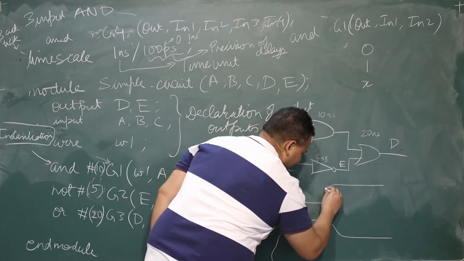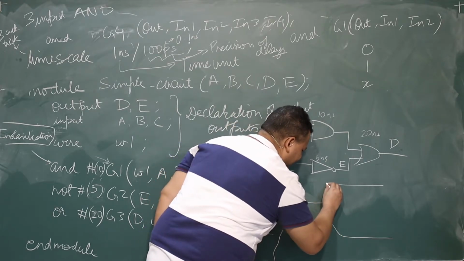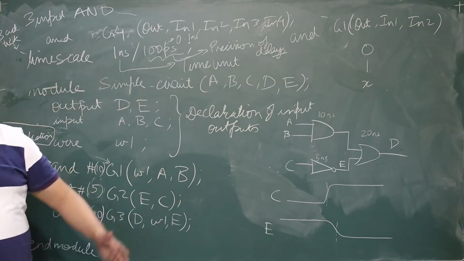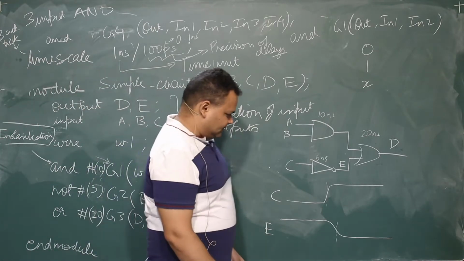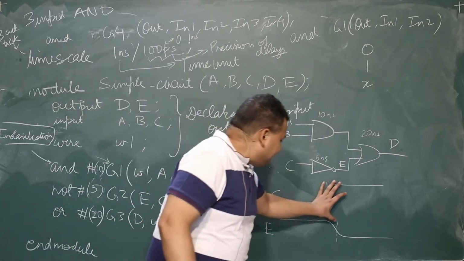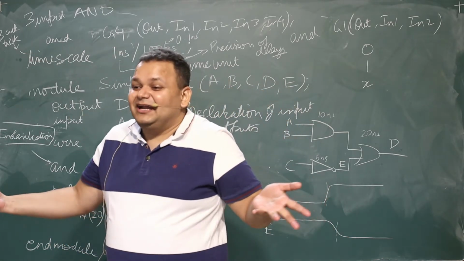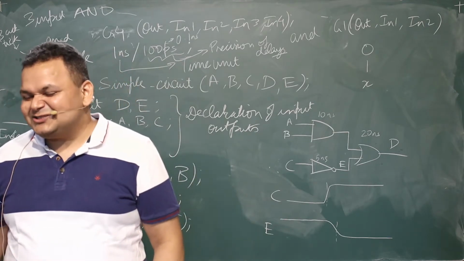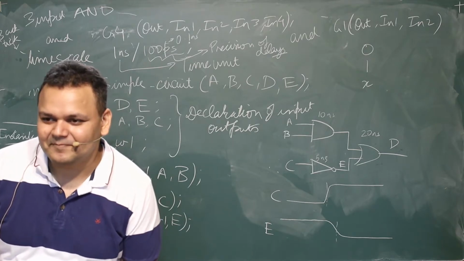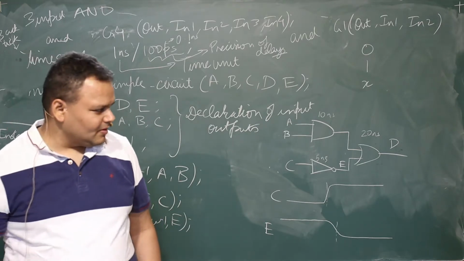There are many ways of measuring it, but let us say we measure it from the halfway point. So this is how your E is going to look. It is not an instantaneous change, but during that delay time period, it's not really well defined. So it's not a very good idea to measure during that time. You understand? Yes sir.